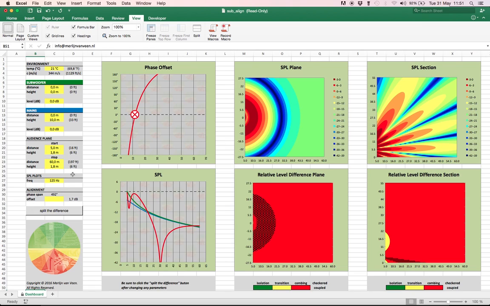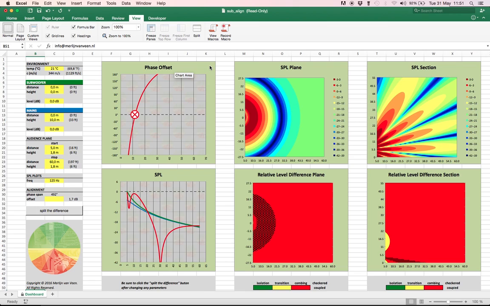The alignment section in the bottom left corner I will leave for now, because first I want to explain the charts to the right of the setting that we're seeing. The phase offset chart in the top left basically shows you the alignment position and the degree of error that will be introduced when we move to the front or to the back of that alignment position.